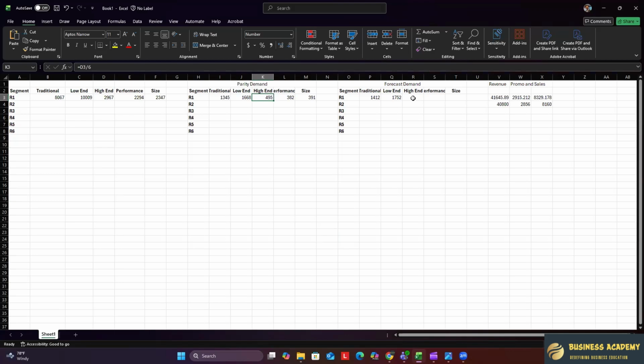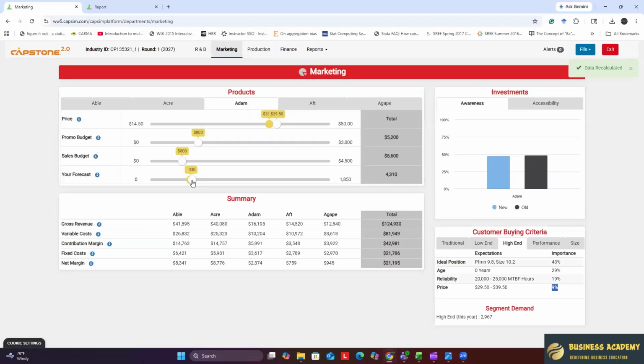So 495, let's assume that I will sell 5% more than others, or my parity demand, that's going to be about 520. So I will actually make 520 units of this particular product. Okay, so that's about 20,540.